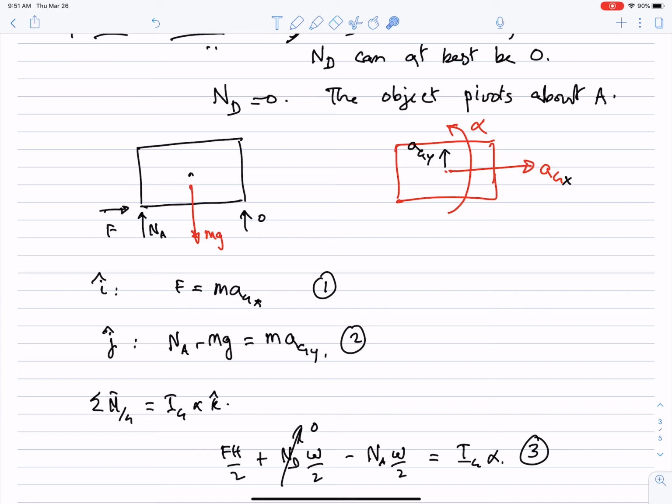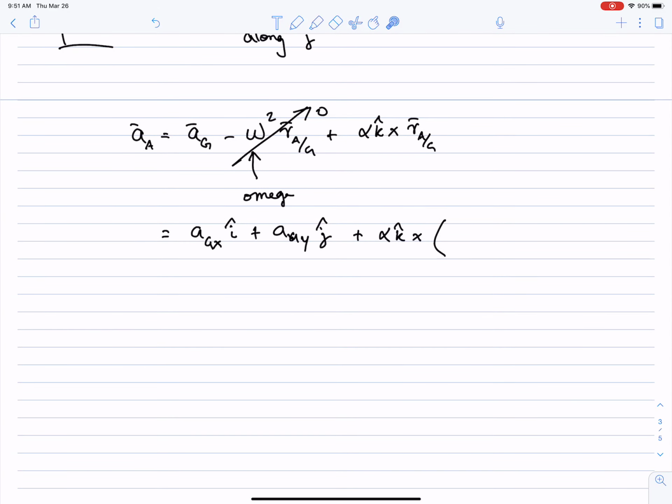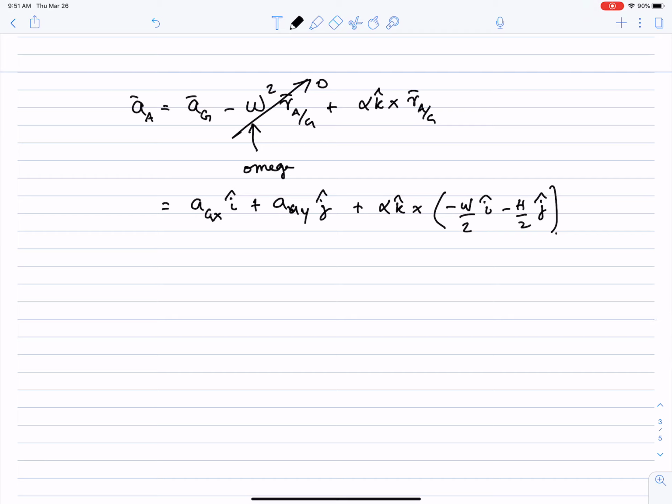A is minus W over 2 in the I direction and minus H over 2 in the J direction. So that's AA. Let's simplify that.